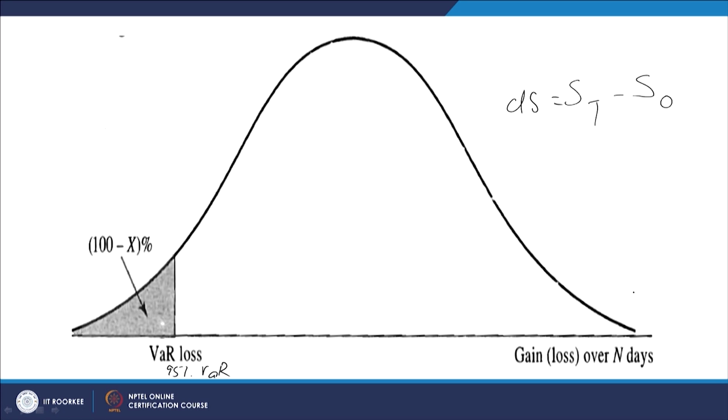Now, when I talk about 99%, what does it mean? It means that I have to shift this value at risk to the left, so that this area becomes 99% now, and this area becomes 1%. So, what will happen to the value at risk? The value at risk will increase. In other words, as the confidence level increases, the value at risk figure also increases, because the maximum loss that can occur with that confidence level will increase.